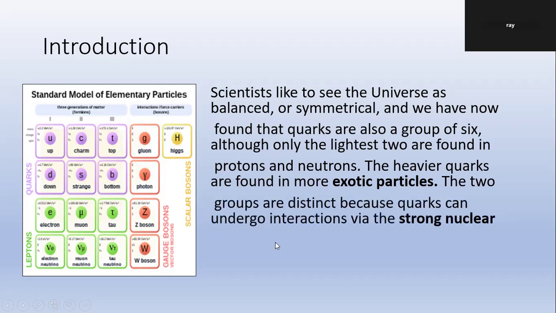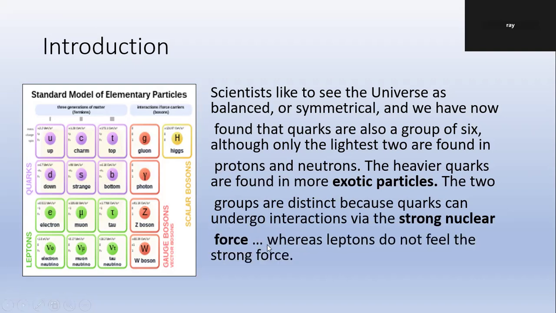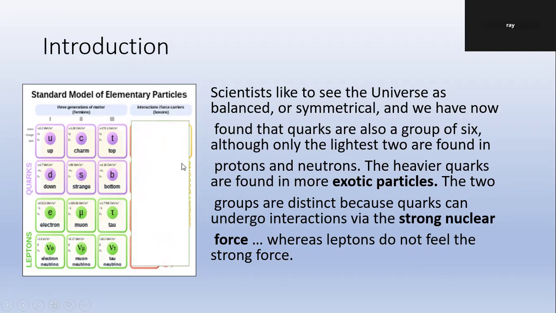The two groups are distinct because quarks can undergo interaction via the strong nuclear force, whereas leptons do not feel the strong nuclear force. So quarks interact with each other with the strong nuclear force. You won't bother about this part, it's not in our syllabus.